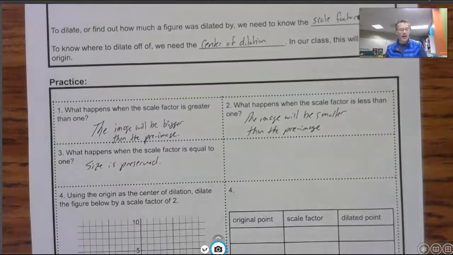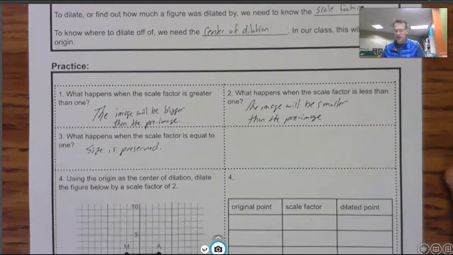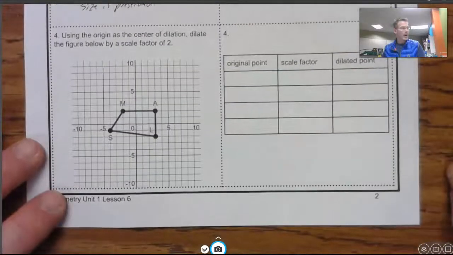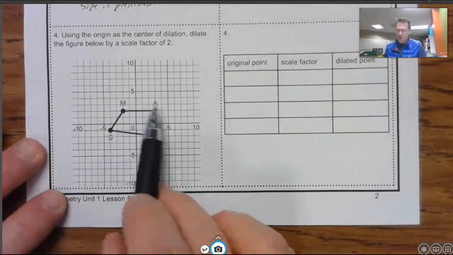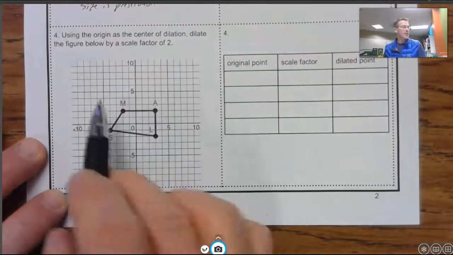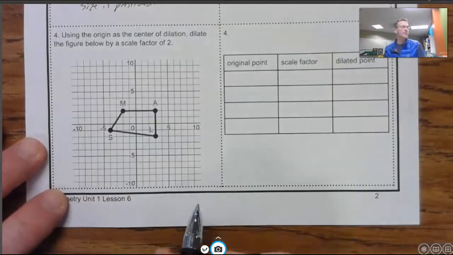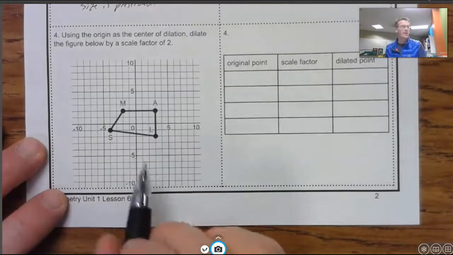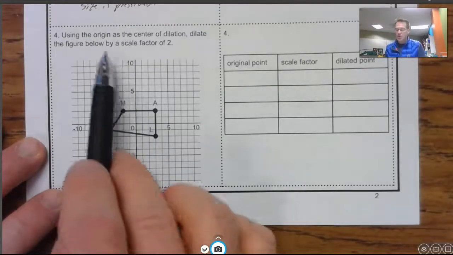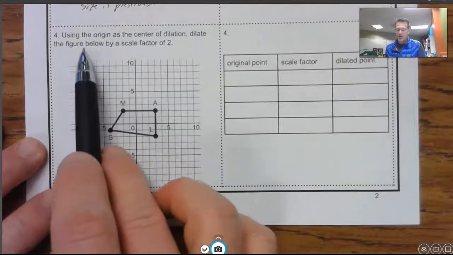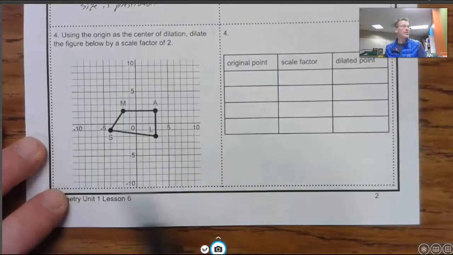Now let's look at a problem or two to see how you process this. We want to look at our figure here, MALS, however you want to pronounce it, and dilate this figure by a scale factor of 2.